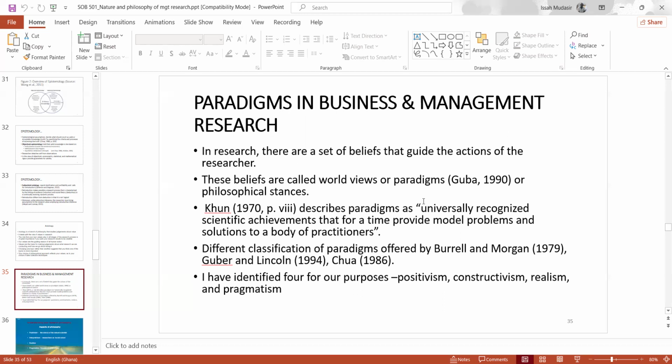Now, when we talk about the various philosophies, historically, the overriding philosophy was positivism, because the study of knowledge, of understanding human advancement, began with the natural sciences.